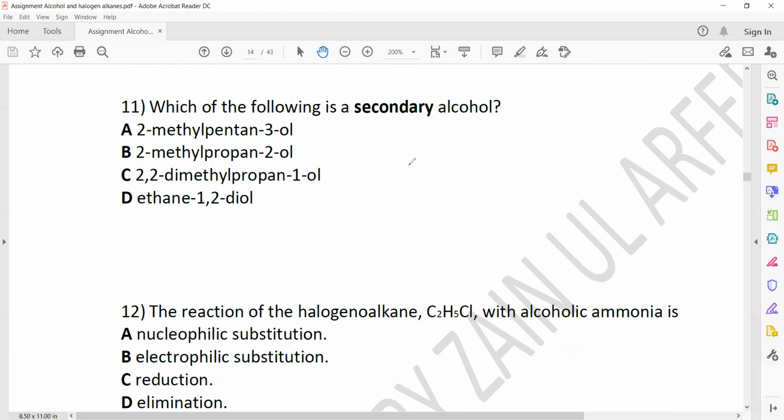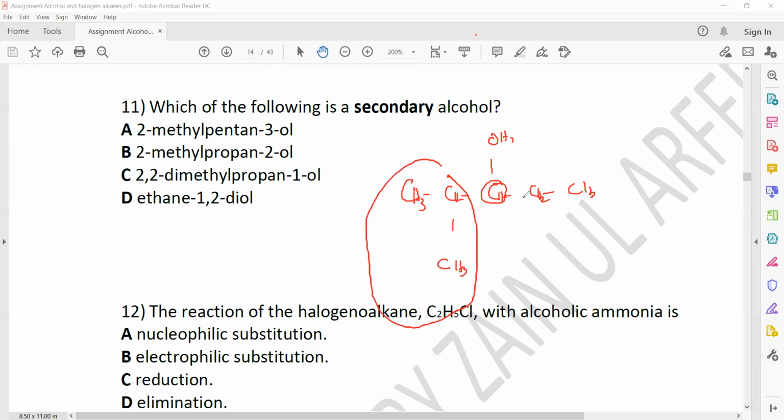First we draw the 5 carbon atoms, 1, 2, 3, 4, 5. At the second position we have a methyl group, and at the third position we have OH. So the structure is CH3, CH, CH, CH2, CH3. You can see the carbon bonded with OH has two carbon chains next to it, so this is a secondary alcohol.